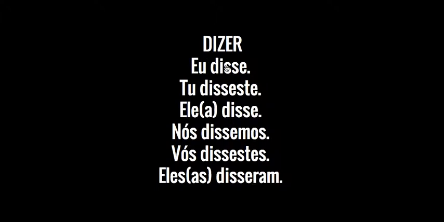Eu disse. I said. Tu disseste. You said. Ele, ela disse. He, she said. Nós dissemos. We said. Vós dissestes. You said. Eles, elas disseram. They said. So here we have an example of an irregular verb.